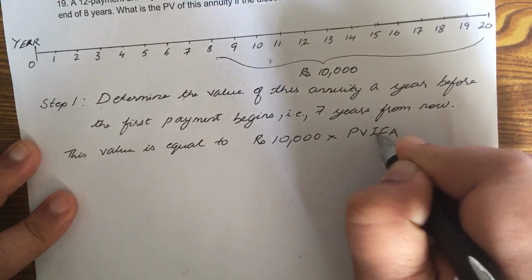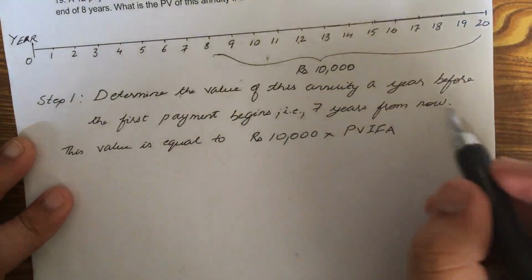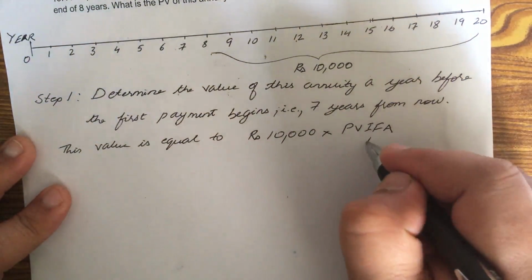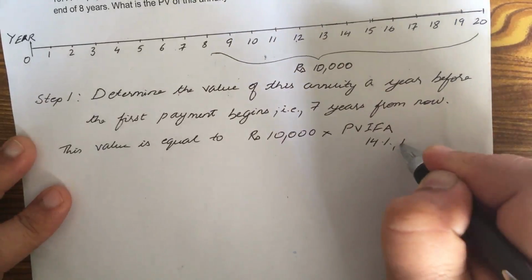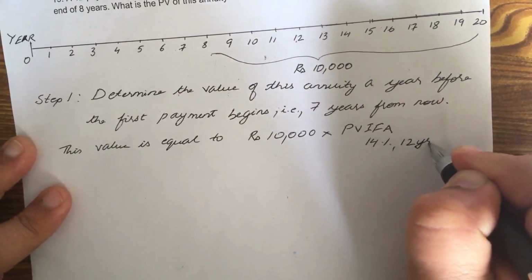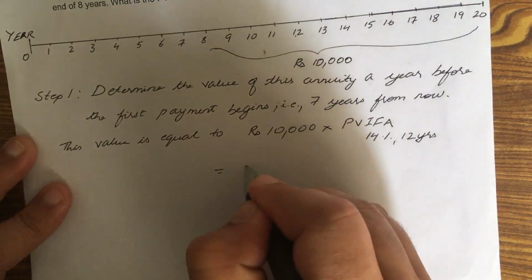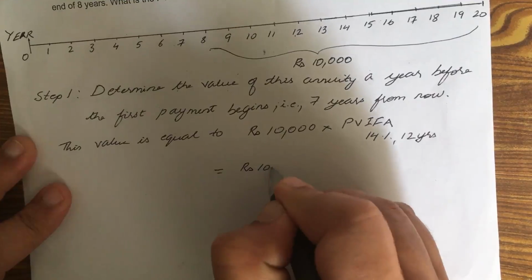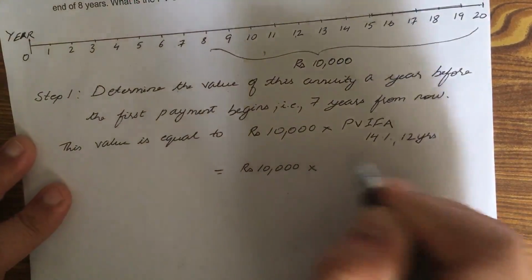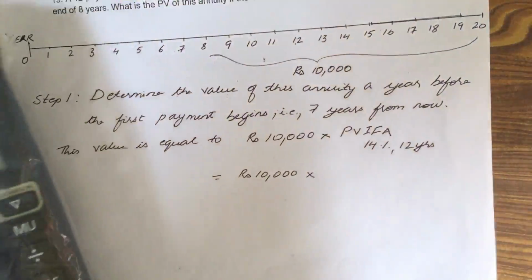Remember, it's an annuity problem, so there has to be a PVIFA. 14%, 12 years. That equals rupees 10,000 into what is PVIFA 14%, 12 years.